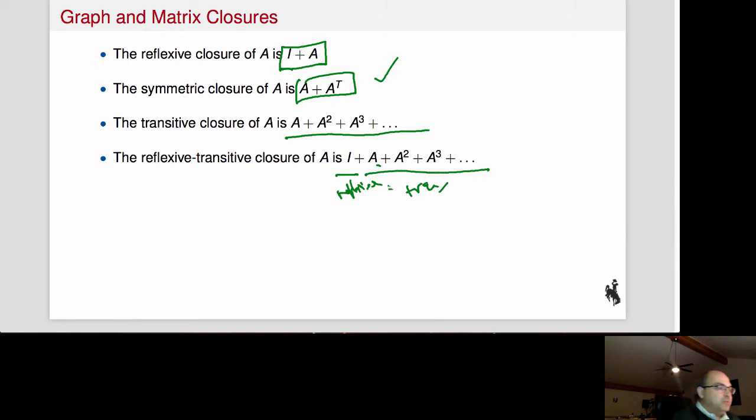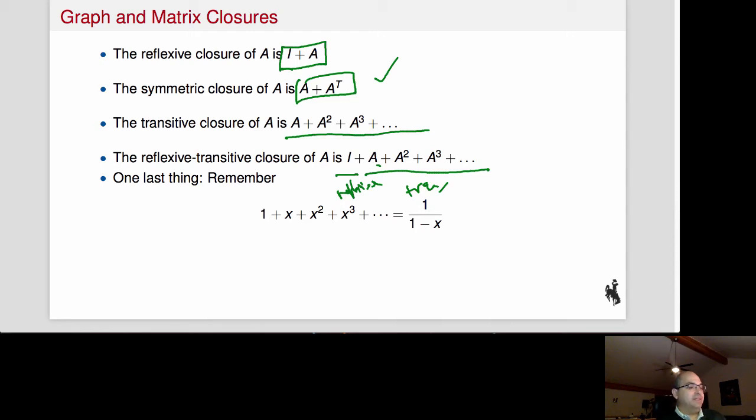Okay. All right. Just one last thing that I want to leave you with. See that term I plus A squared plus A cubed plus ... That is kind of similar to this expression: 1 plus x squared plus x cubed, and so on, right? Here, what I have are real numbers.